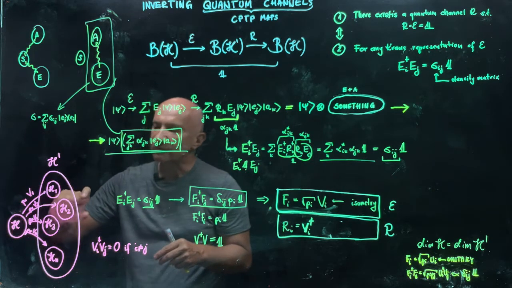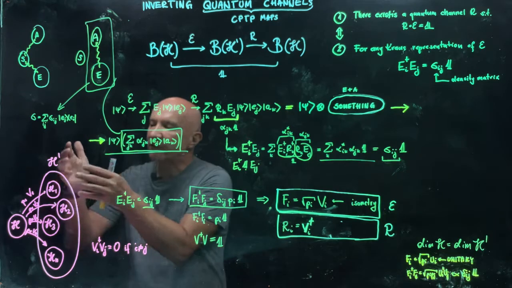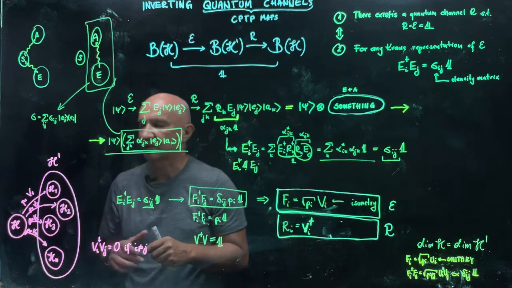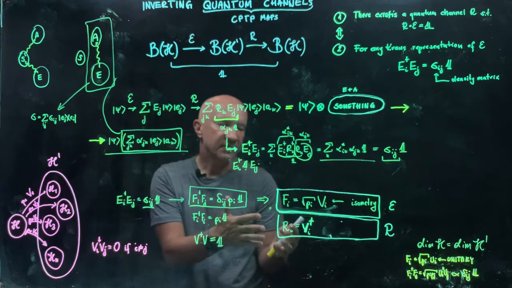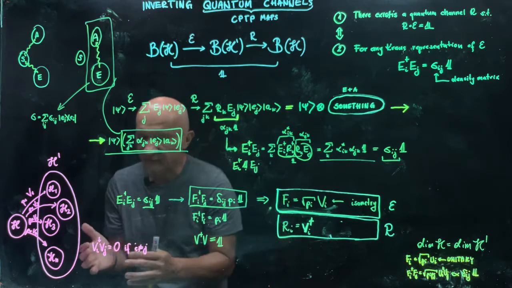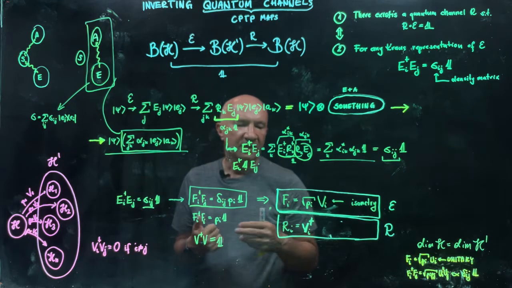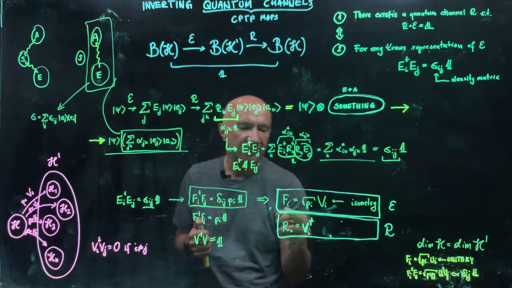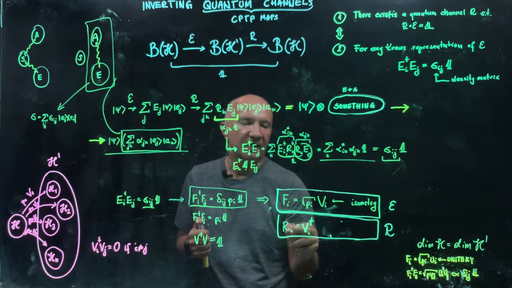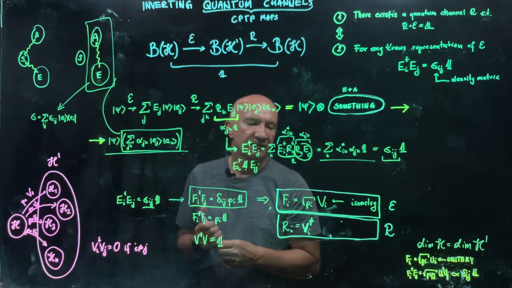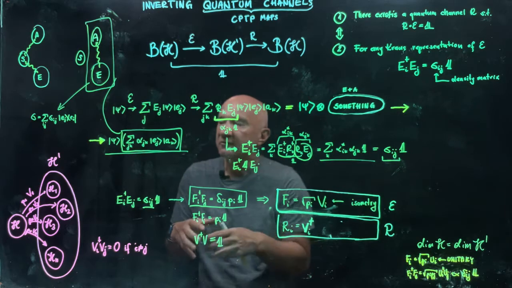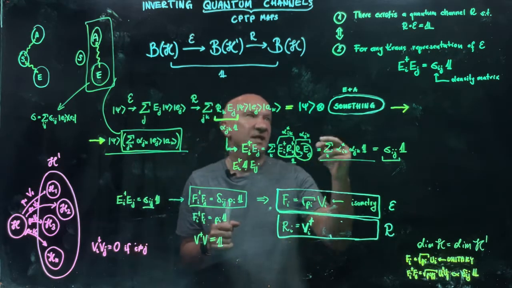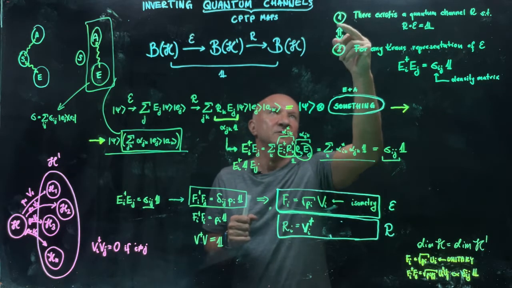The same for V2: it will just ignore everything else, but will take H2 and map it back to H. So you can see that because of this condition here, when we apply another completely positive map with Kraus operators R_i given by V_i dagger, we reverse the action of E. That is certainly possible. So this actually proves that 2 implies 1.